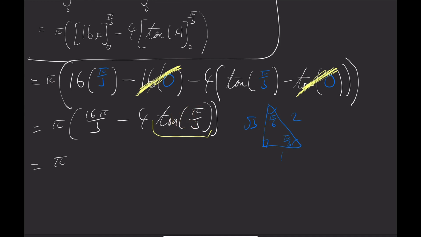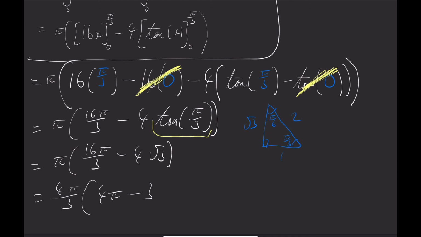So I get pi times 16 pi on 3 minus 4 root 3. I'm going to take 4 on 3 out as a factor, so I'm going to get 4 pi on 3, and that will give me 4 pi minus 3 root 3 cubic units.